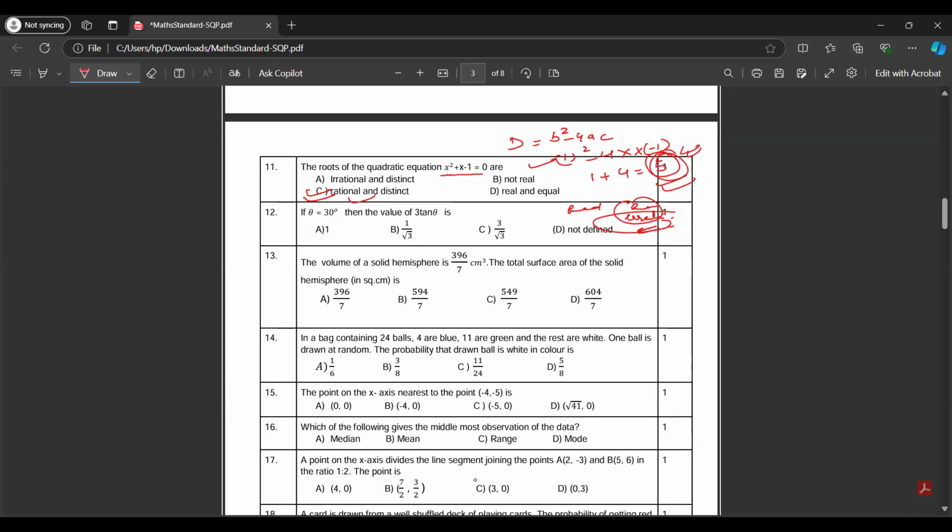Now next is find the value of this. If theta is equal to 30 degrees, find the value of 3 tan theta. What will be the value? Do it fast.